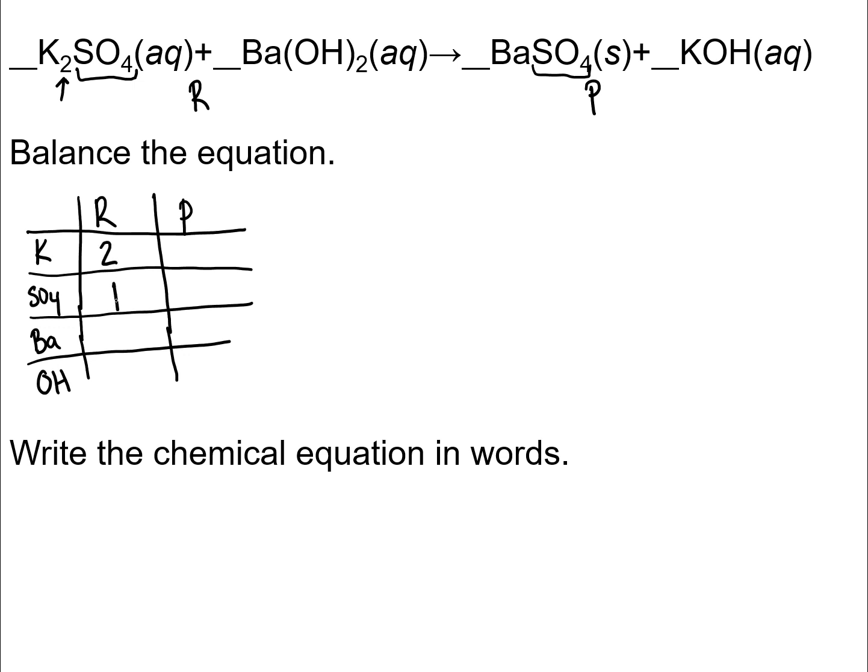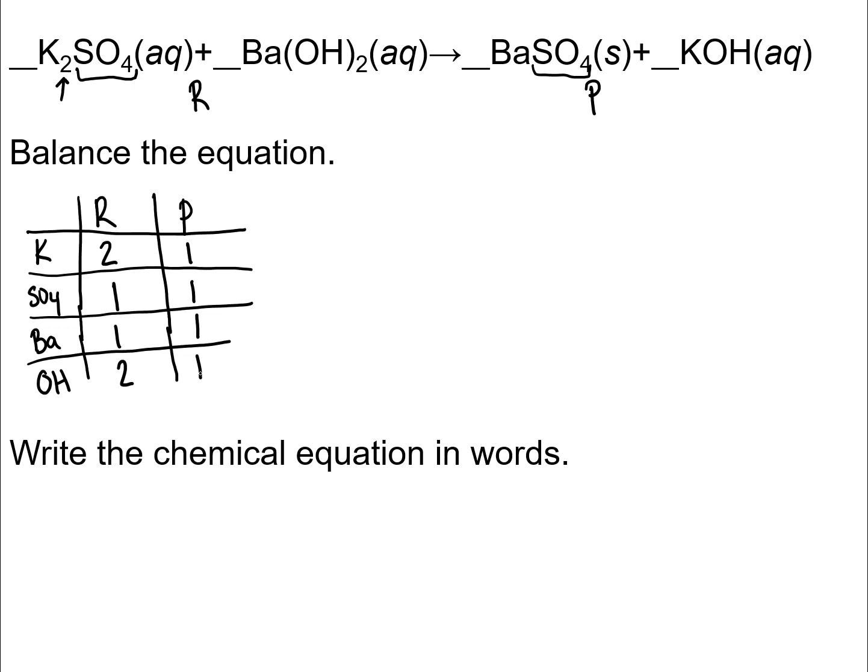We've got 1 sulfate, 1 barium, and 2 hydroxides on the reactant side. On the product side, we've got 1 barium, 1 sulfate, 1 potassium, and 1 hydroxide. So clearly we're not balanced.